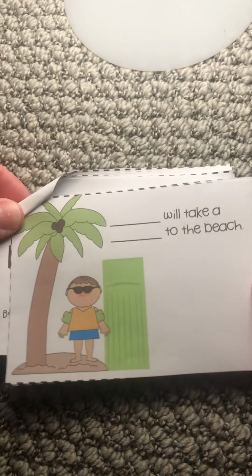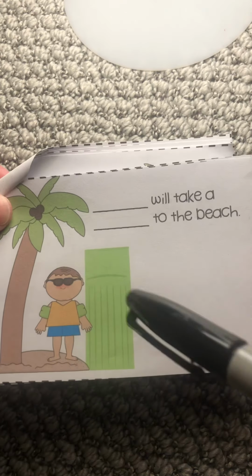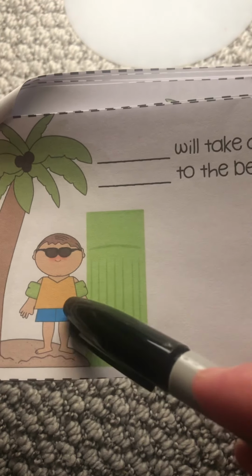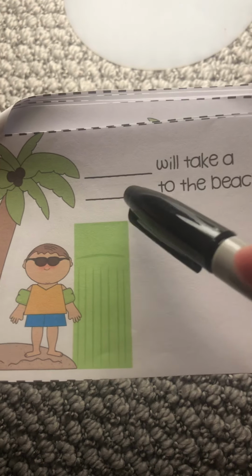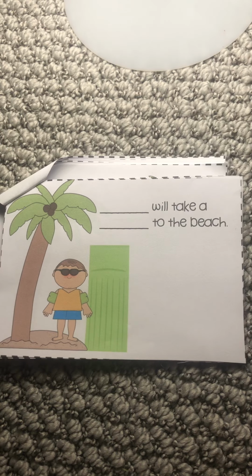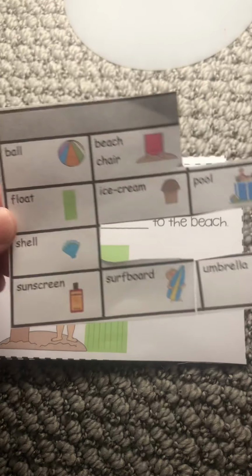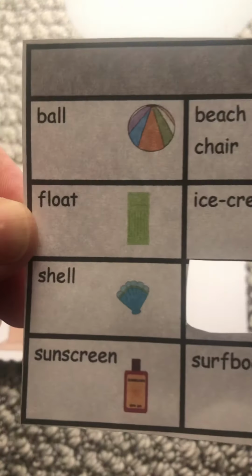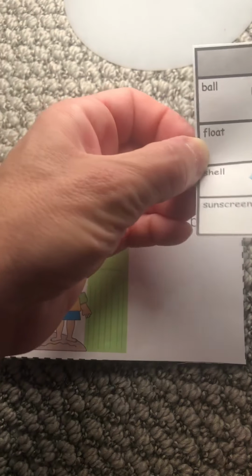Next page. Let's look at what he has. Blank will take a blank to the beach. Let's find the match. Oh, I think I see it right away. It's that green thing. That is a green float.